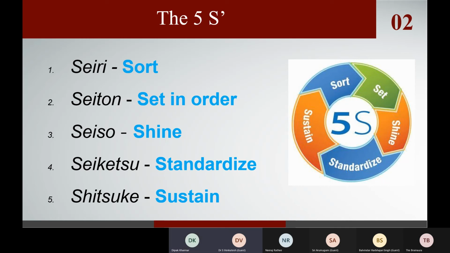Then the second step is set in order. Once we complete the sort step, we have to set things in order. In this session, we will discuss the sort step, and in the next session we will take up the set in order step. Then the third one is shine. Shine means you have to keep things in good working condition, clean and tidy.